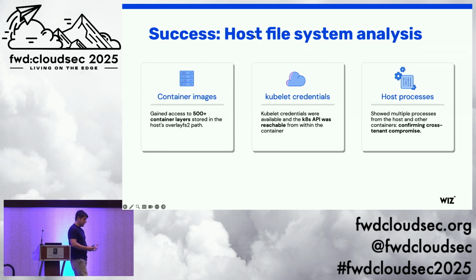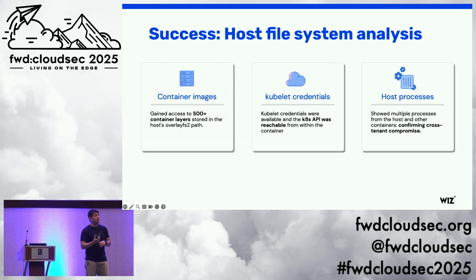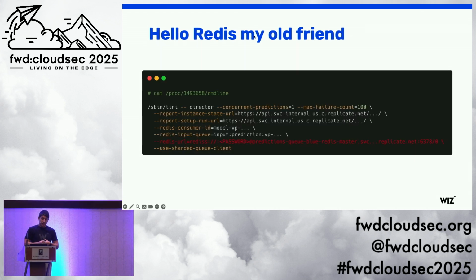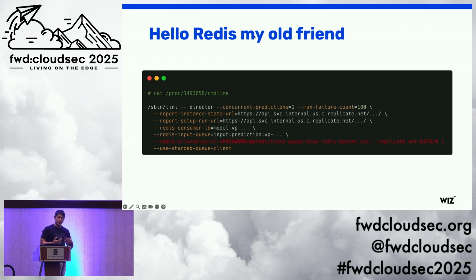Finally, we listed the host processes and confirmed that some of those processes we could attribute to the host, and some of the processes were from other tenants running their workloads, their AI models. One of the processes that we found, and we immediately realized that this was interesting, was this one.